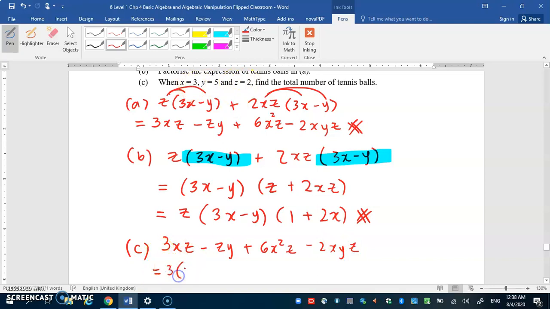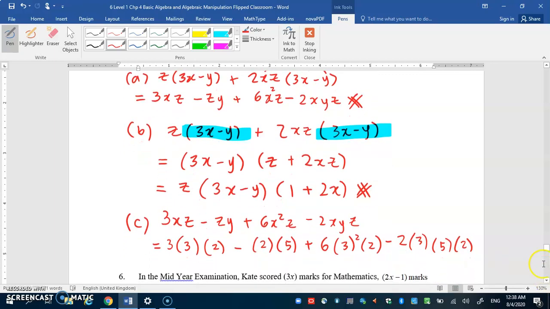So 3 times 3 times 2, because z is 2, minus zy, so minus 2 times 5, plus 6 times 3 squared times 2, minus 2 times 3 times 5 times 2. I just write brackets so that I know that it's multiplication.